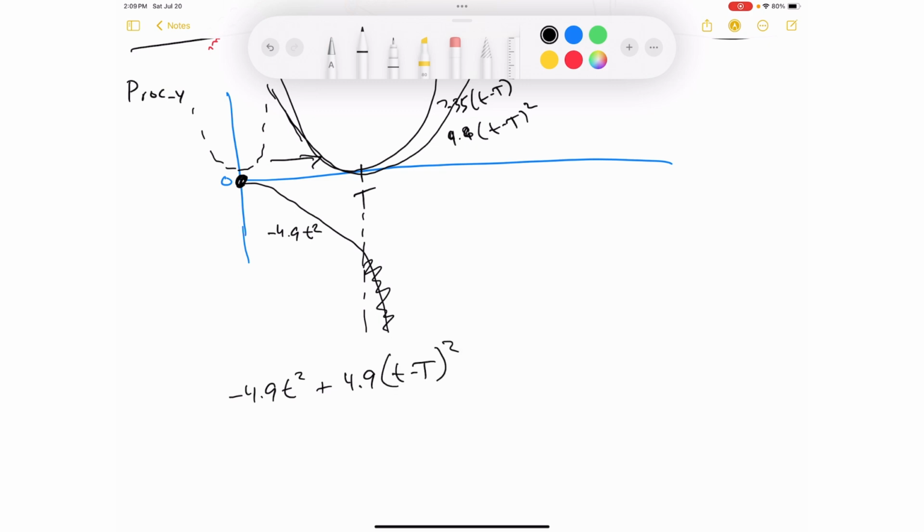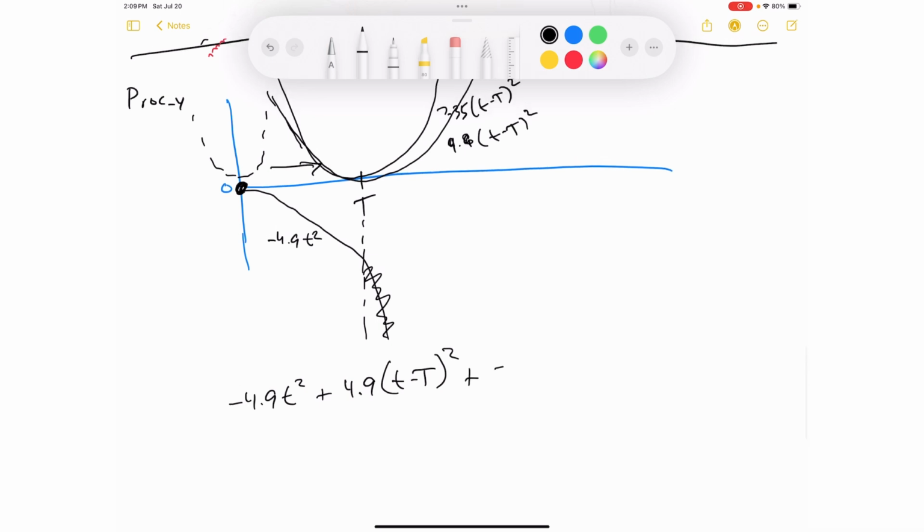And so remember, that just cancels out the other one after big T. Okay, it cancels it out. And then I have the upward acceleration of the rocket, which is 7.35 (t minus T) squared.